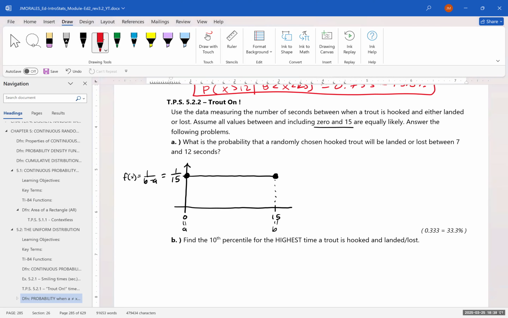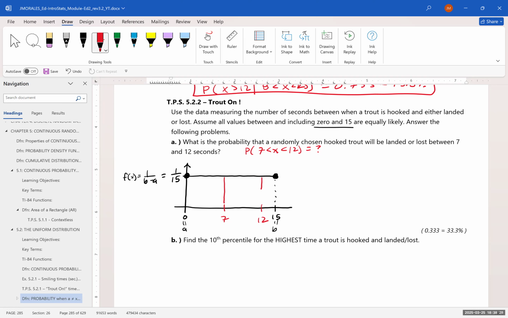All right. What is the probability that a randomly chosen hooked trout will be landed or lost between 7 and 12 seconds? So we have maybe 7 and 12 seconds, something like that.